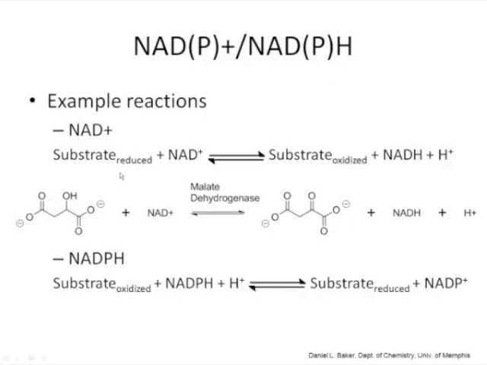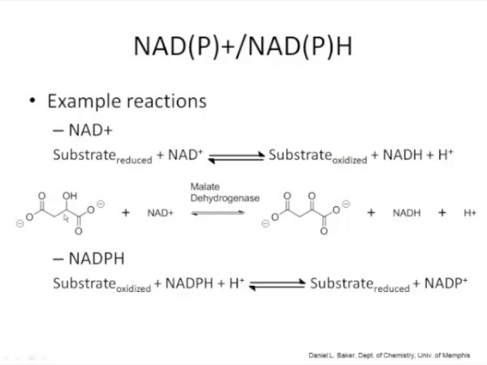So here's an example reaction. If we have a reduced substrate reacting with the oxidized form of NAD plus, then we're going to get the reduced form of the cofactor, and we're going to get the oxidized form of the substrate. So we go from reduced to oxidized here, and from oxidized to reduced here. A specific example is this reaction of malate going to oxaloacetate, mediated by the enzyme malate dehydrogenase.